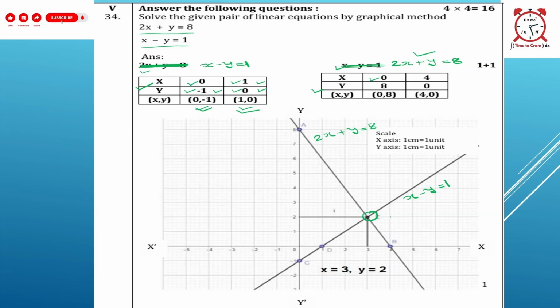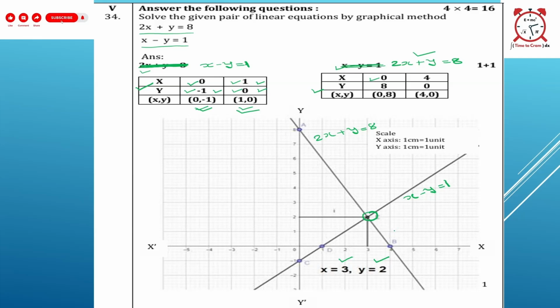So it is known as the solution of the given pair of linear equations, and it is very clear here that the coordinates of this point are x equal to 3 and y equal to 2. So this is the solution by graphical method for the given pair of linear equations. In that way we have to make the graph of the given pair of linear equations in the board exam.